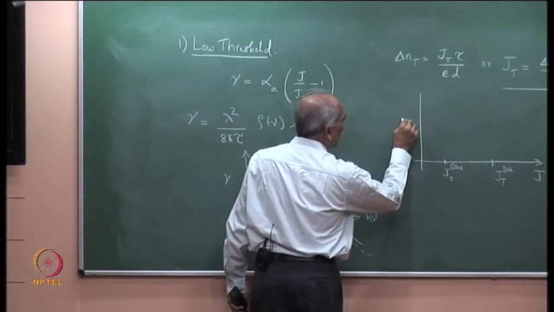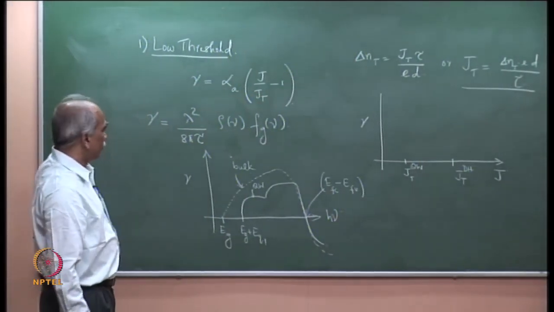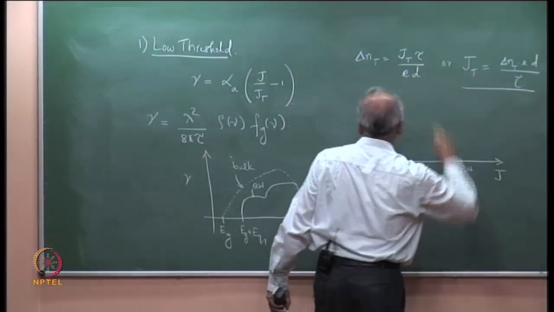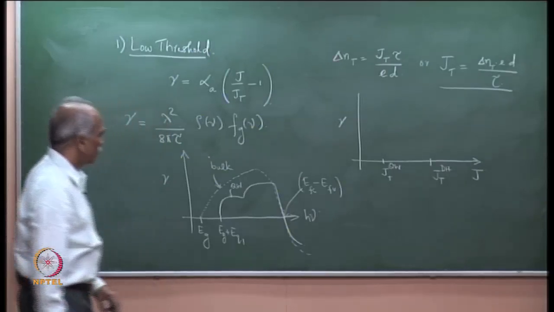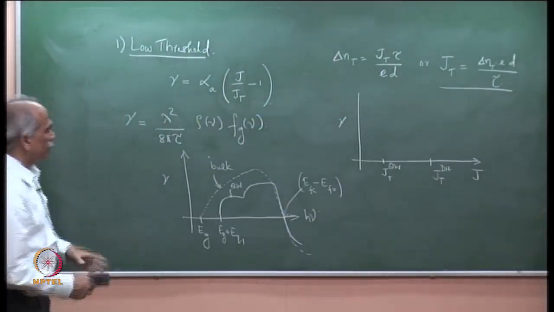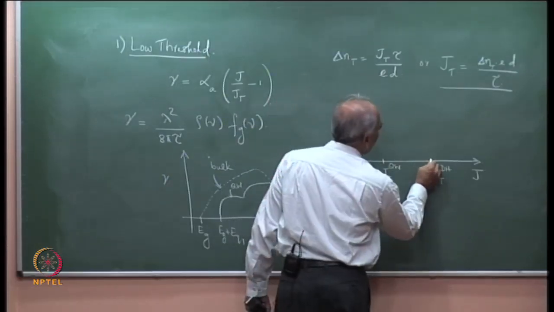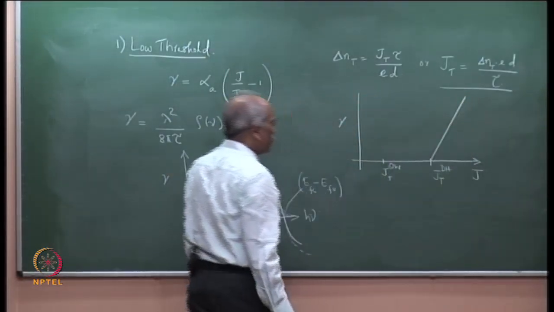The gamma here, the gain coefficient, if you change jt, with the gain coefficient here increases linearly, that is with current the gain increases linearly.